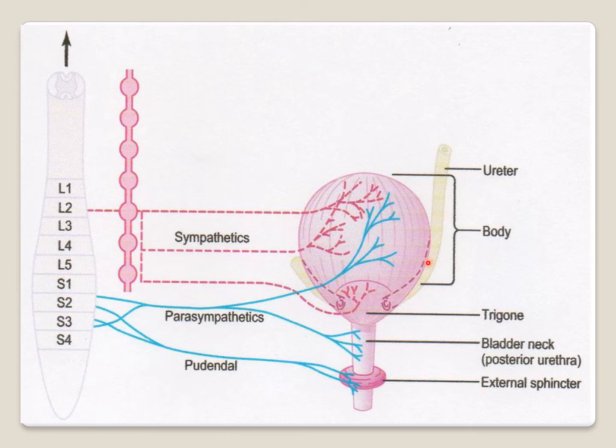The ureter passes obliquely through the detrusor muscle, then 1 to 2 centimeters under the mucosa, then opens at the uppermost angles of the trigone. The trigone has a smooth mucosa, which is differentiated from all the other bladder mucosa, which is folded and called rugae. Okay.